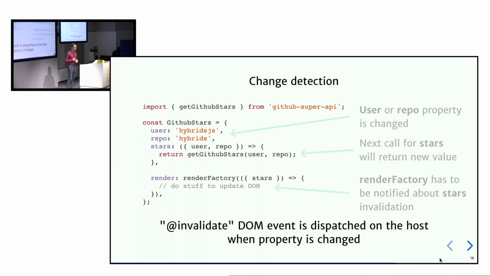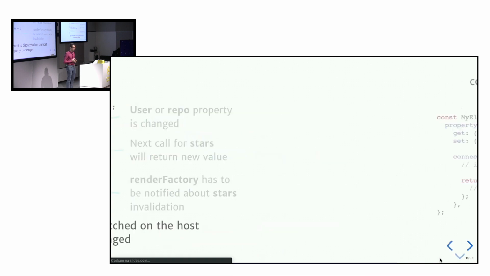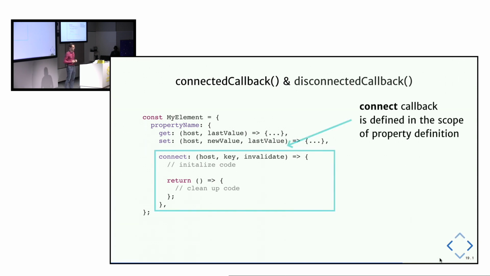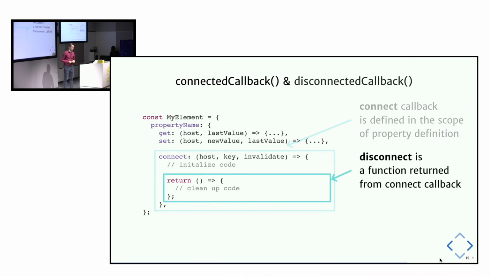I said something about connecting. So what about those two callbacks that I said we actually need? This is super simple. We can just add it to our property definition. But what is meaningful here is that we don't create a global lifecycle. It's not in the sense of a global component where you have to put all the things that you want to do. It's independent. Every property has its own connect method, and it can return a disconnect method.